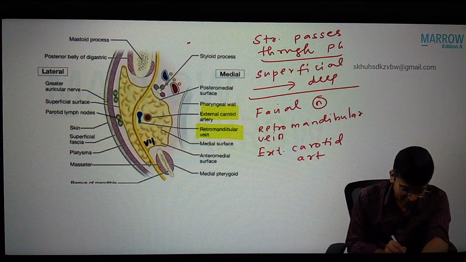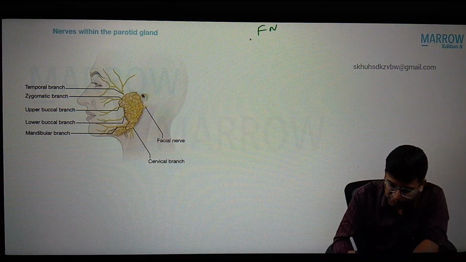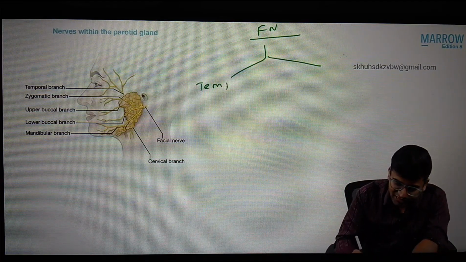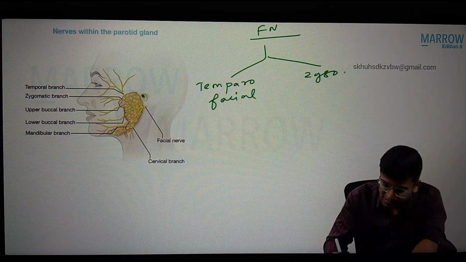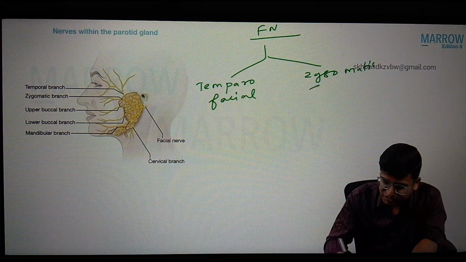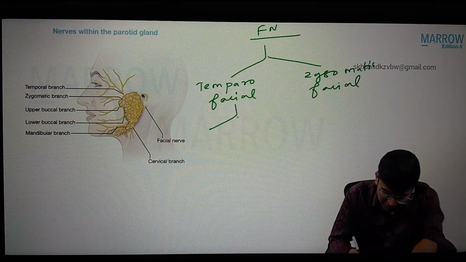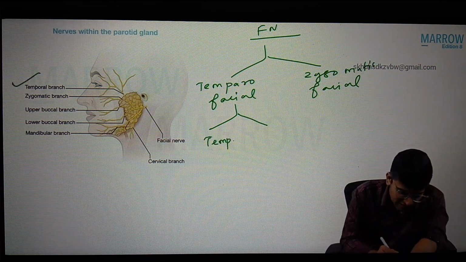Okay. Fine. Now see here. The facial nerve, after coming out of the stylomastoid foramen, immediately divides into temporofacial and zygomaticofacial. The temporofacial in turn gives temporal branch and zygomatic branch.